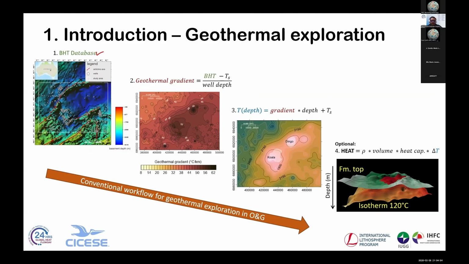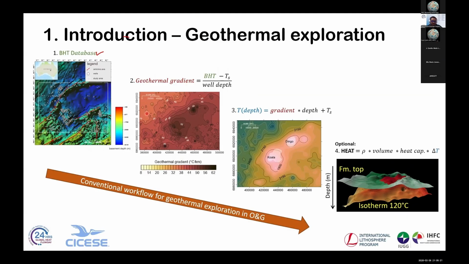Based on those borehole temperatures and using a really simple relation, we can calculate the geothermal gradient for each well. In this case, we have to assume or measure the temperature at surface, and as we know the well depth, we can calculate that geothermal gradient.